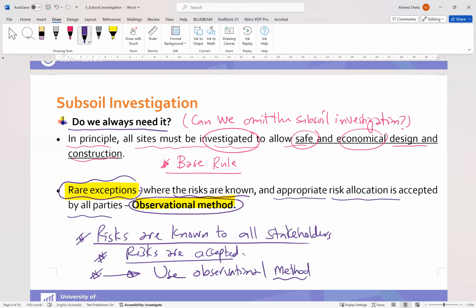But you need to have these two steps first: identify all the risks associated with the project, and accept all the risks from all the stakeholders.